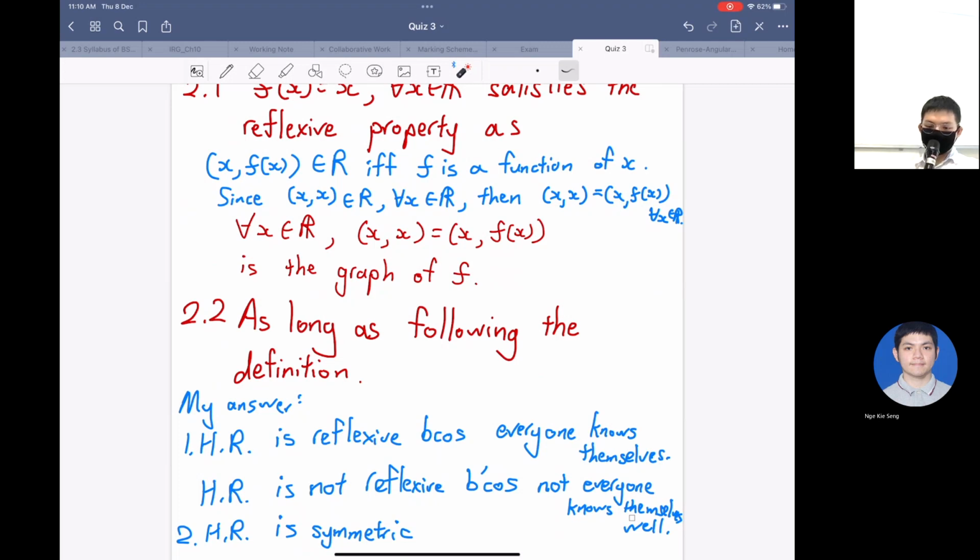And then I saw one about transitivity: the human relationship is not transitive. For example, the husband is good with the wife, and the wife is good with another guy. It doesn't mean that the husband and the guy are good friends. Not transitive.